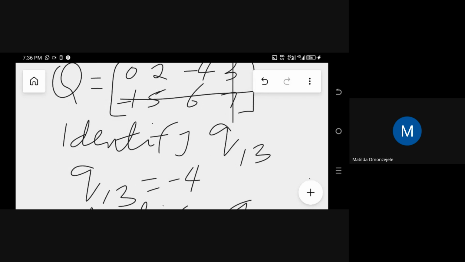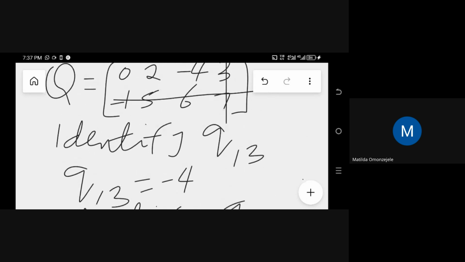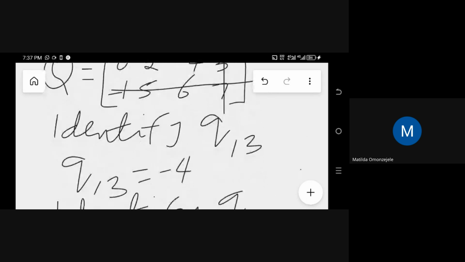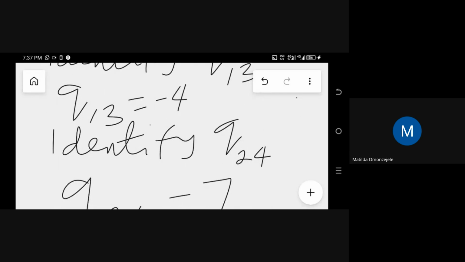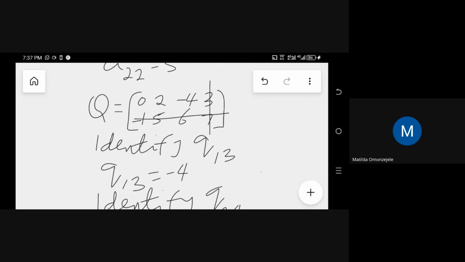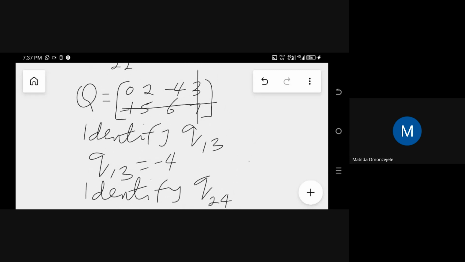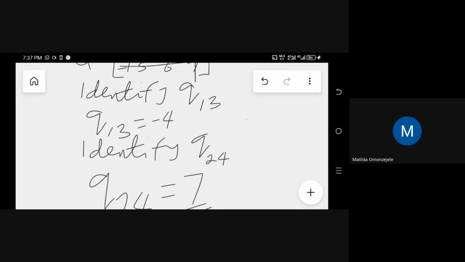Then Q24, the element at the second row and the fourth column, gave us 7, the point of intersection where the row and columns met.